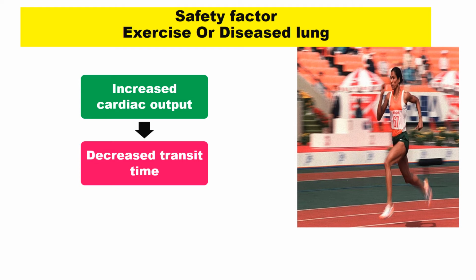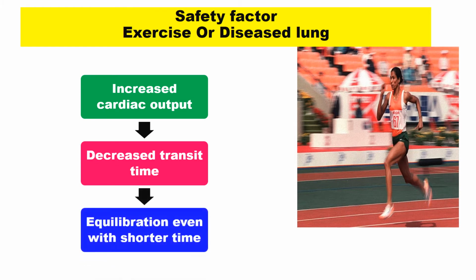The blood will stay in the capillary for a shorter time. However, since the safety factor is there, the blood equilibrates in 0.25 seconds and it stays for 0.75 seconds. So even when this time has decreased, the equilibration will not suffer and the oxygenation of blood in the pulmonary capillary will not suffer.